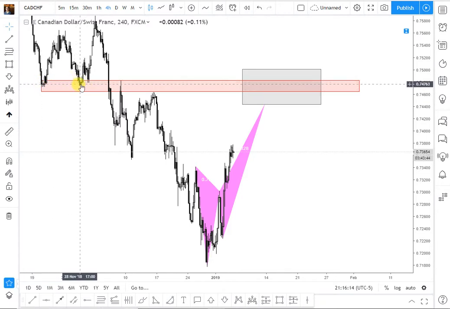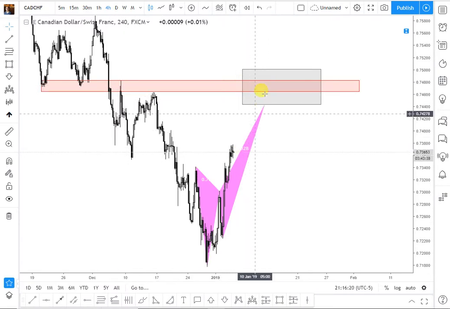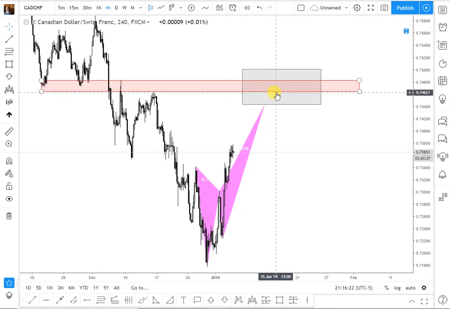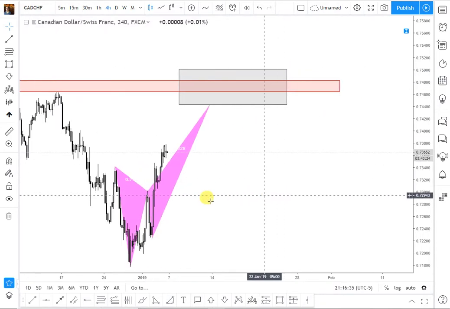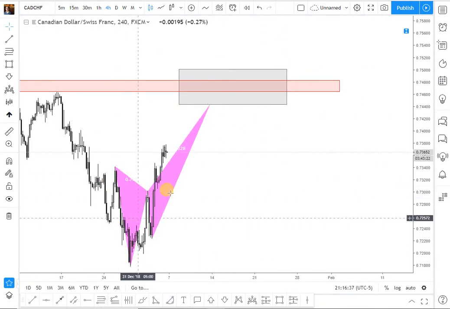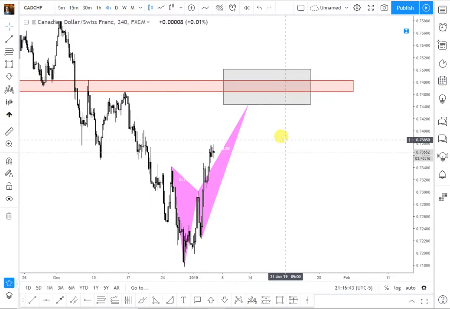This is the first touch, second touch, and broke. Then first retest, second retest, and we expect the price to keep going up and retest this zone for a third time, and this will meet with 0.75. So this is a psychological level. Also, we have this crab pattern, which will complete here around 0.7450. So we have multiple reasons to short this pair.